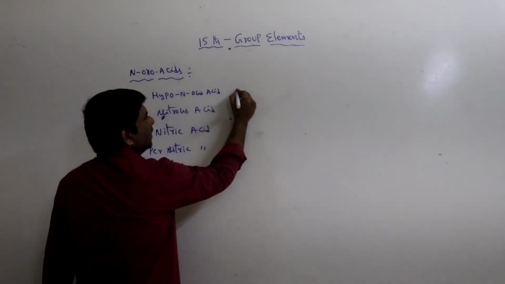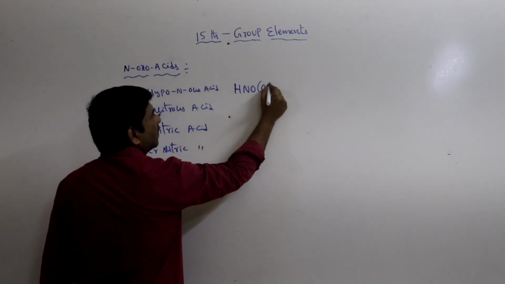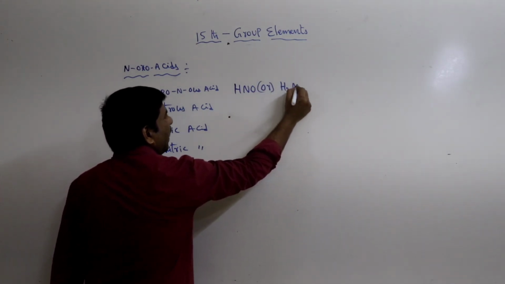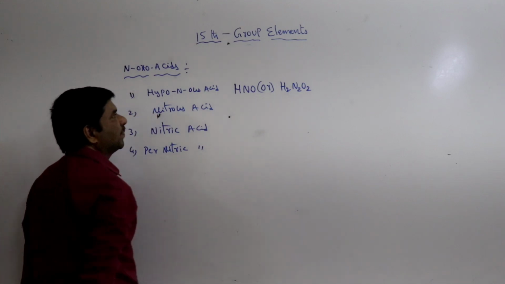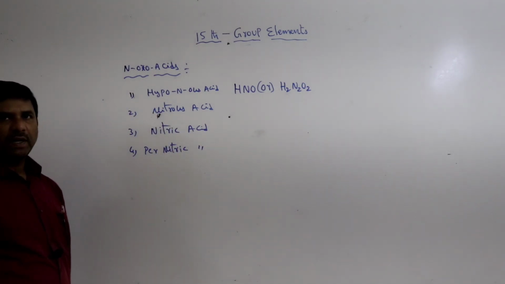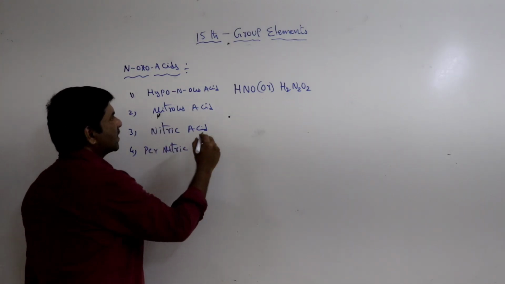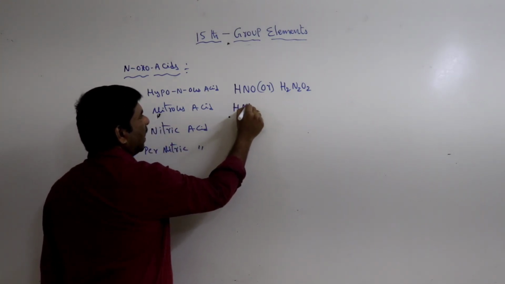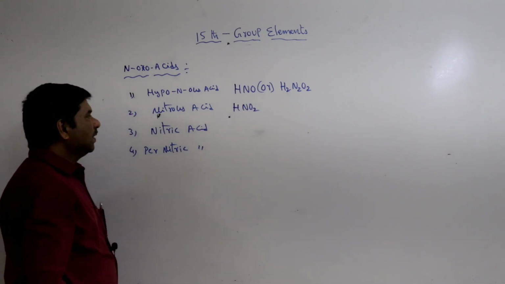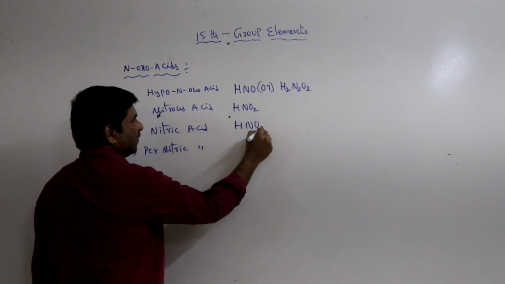Hyponitrous acid formula HNO or H2N2O2. Nitrous acid formula HNO2. Nitric acid formula HNO3.